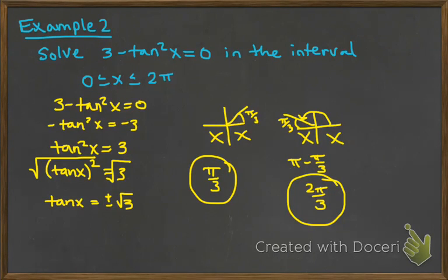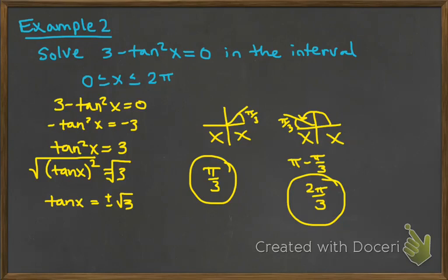So now that we have found those first two answers, those are only within the first pi, because remember, tangent has a period of pi. The interval did give us till 2 pi, so we do need to take this problem a step further. Typically on sines and cosines, if it goes till 2 pi, the two answers that you get, you're done.